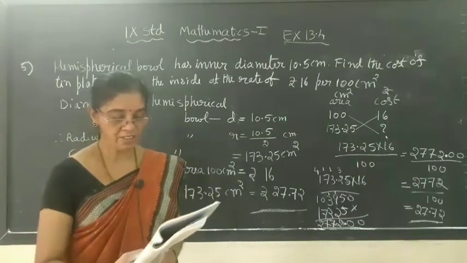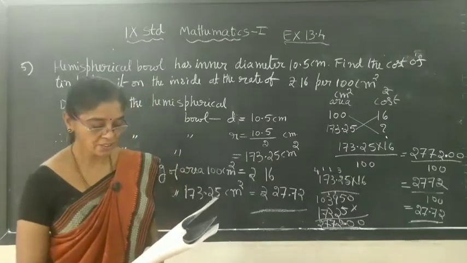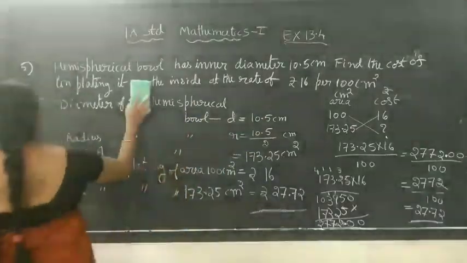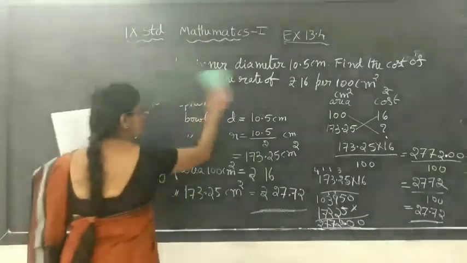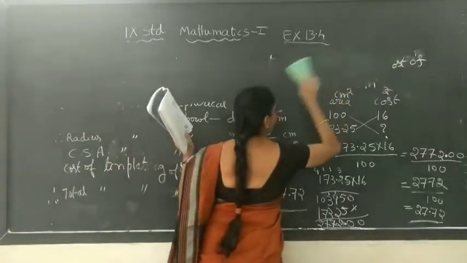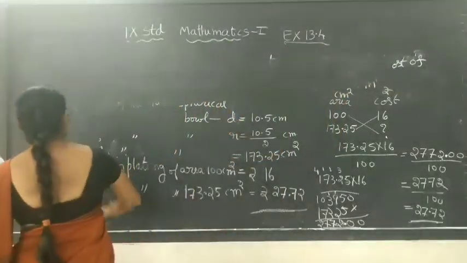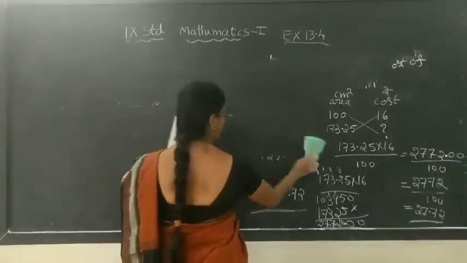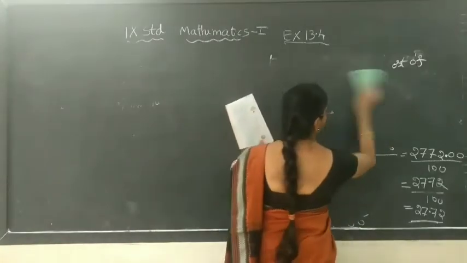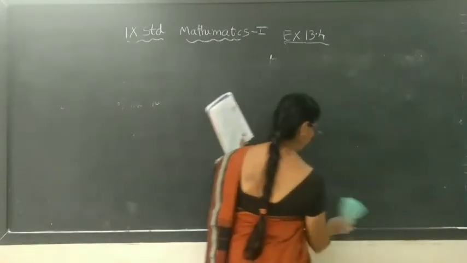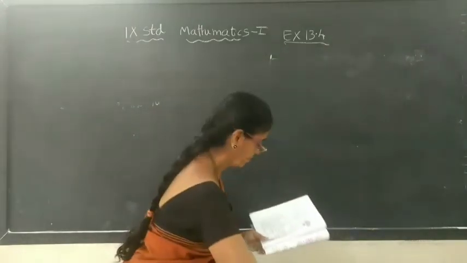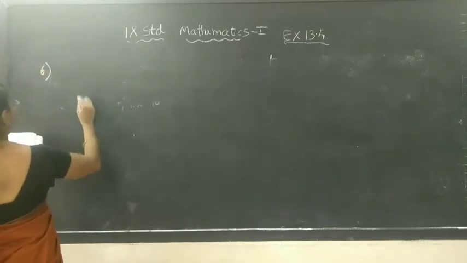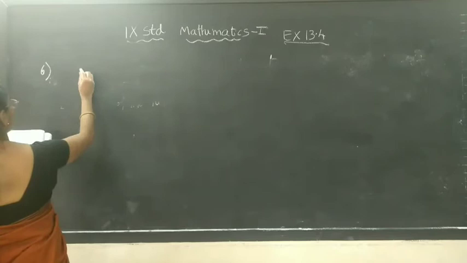Find the sixth one. Find the radius of a sphere whose surface area is 154 centimeter square. Sixth one, radius of the sphere.